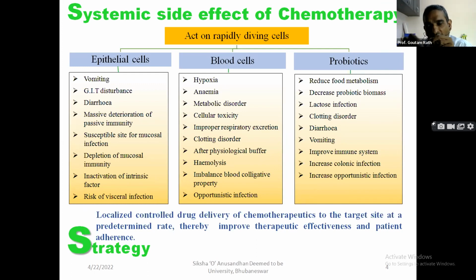That is the reason why, if the anti-cancer drugs are not selected or targeted, they can kill all those cells which multiply at a rapid pace.